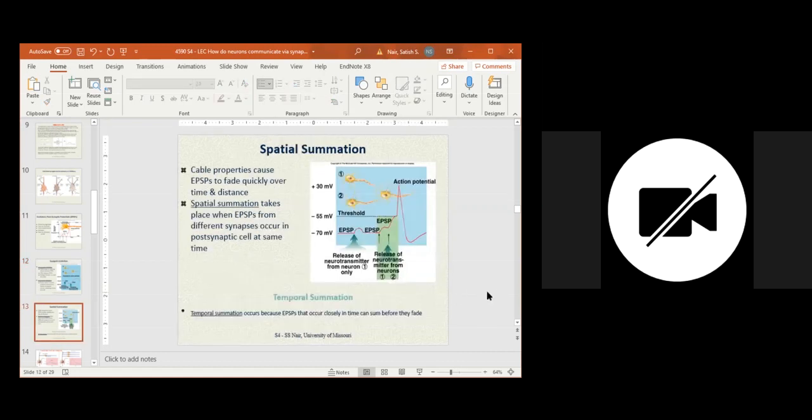Now we go to spatial summation. If this neuron is exciting one dendrite, and this neuron is exciting another dendrite of the same postsynaptic neuron, and these spikes come together, the total ions injected in the cell will be double. If only this neuron spikes, it'll create an EPSP only this big.